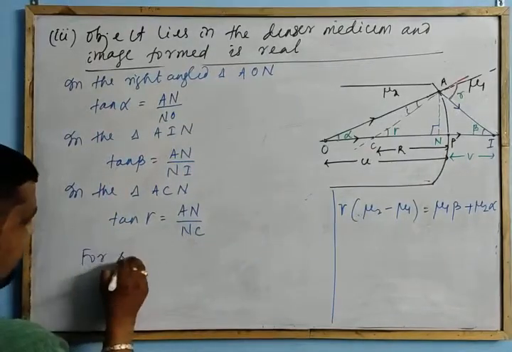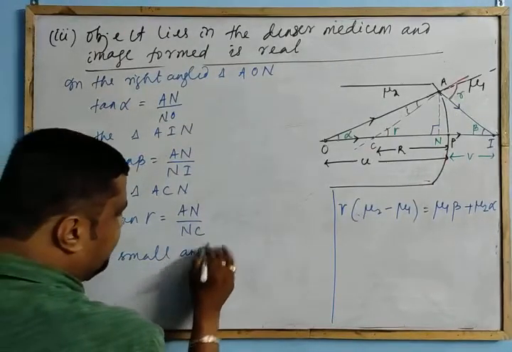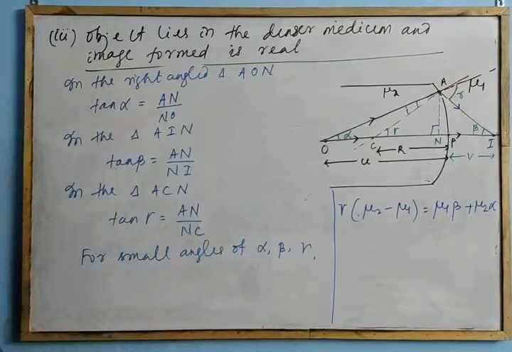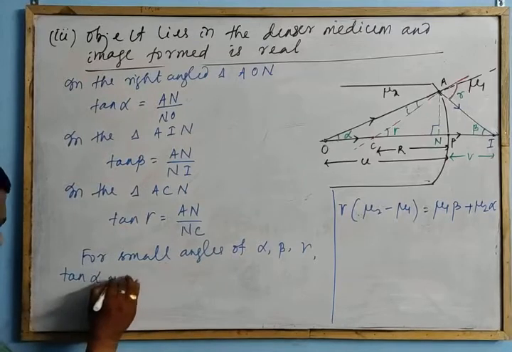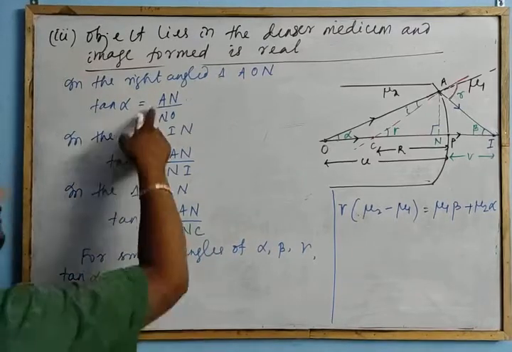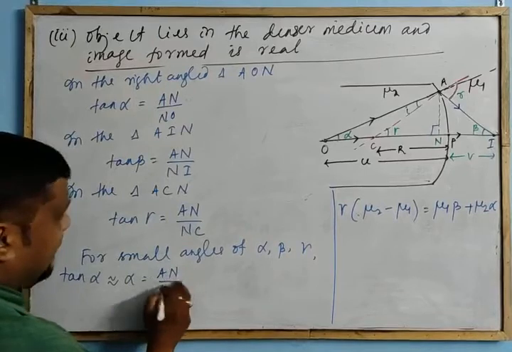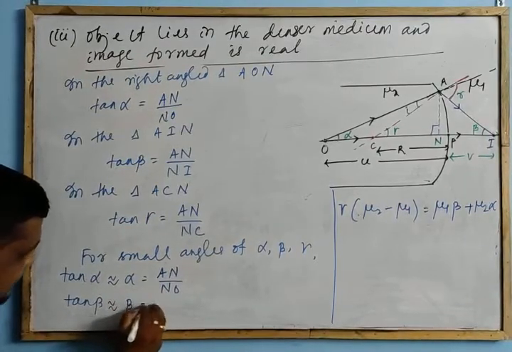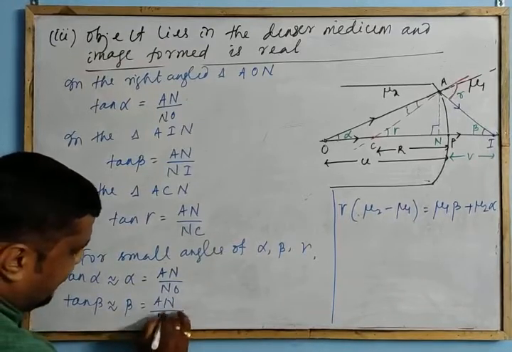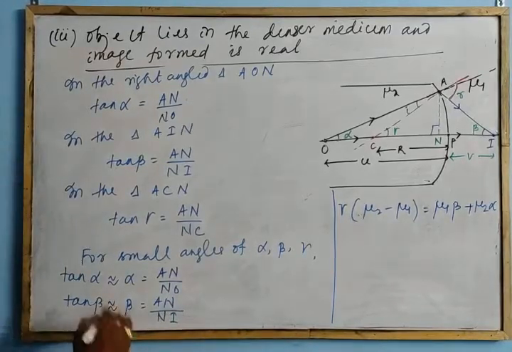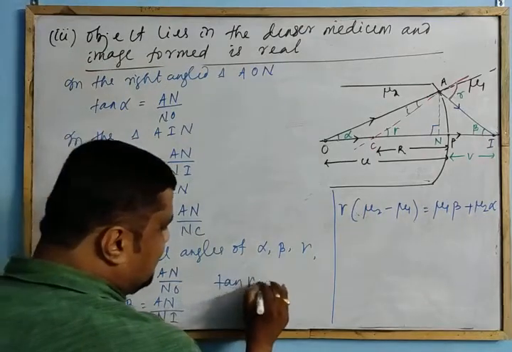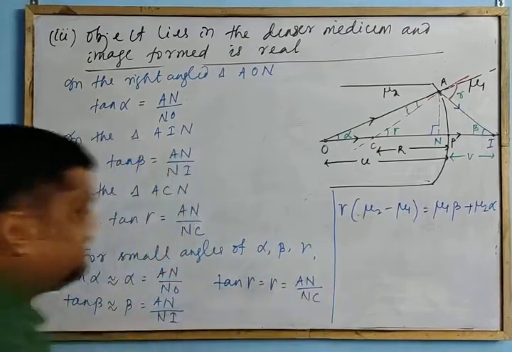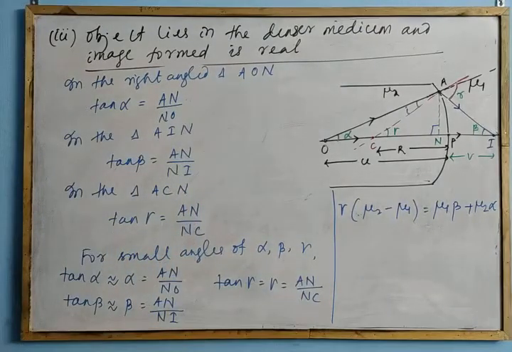For small angles of alpha, beta, gamma, tan alpha is equal to alpha, which is equal to AN by NO. Tan beta is equal to beta, which is equal to AN by NI. Tan gamma is equal to gamma, AN by NC. Here we got alpha, beta, gamma.